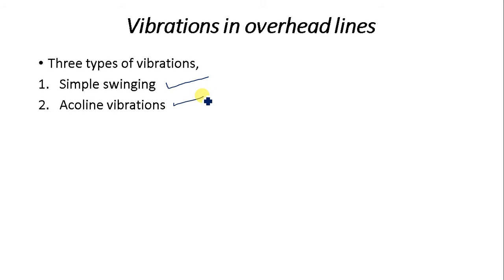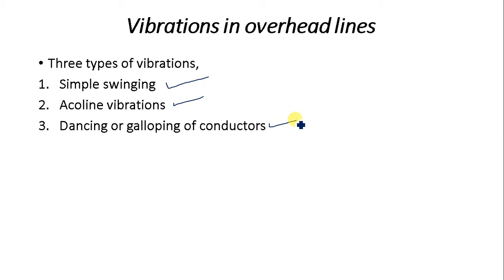The second is Aeolian vibration, which has high frequency as well as high amplitude, and the third is dancing and galloping of your conductor, which has low frequency but high amplitude. So these two kinds of vibrations are the ones for which we have to use dampers to damp out the oscillation or the vibrations.